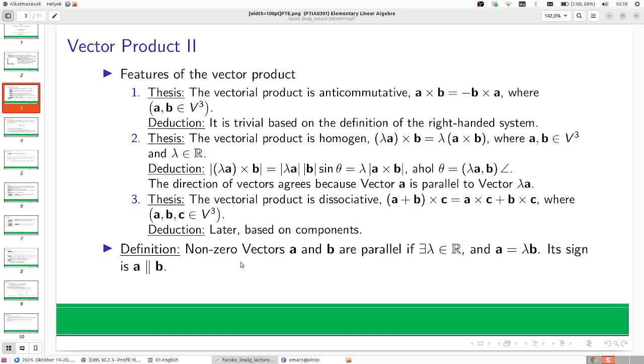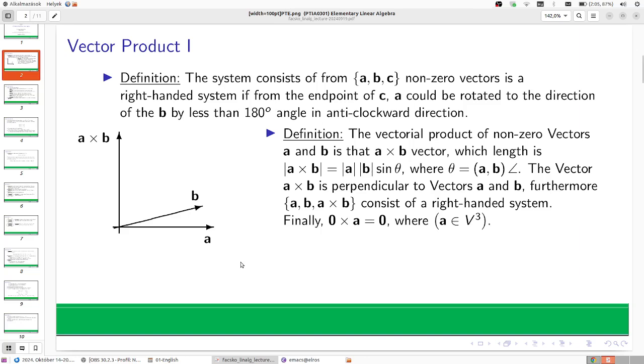It was vector addition, scalar product of vectors. Here it is not commutative. It's anti-commutative. If you go back and see this, you have an A and then a B, you have A cross B. But if you have B cross A, then the direction is the opposite. It's also, okay, you can prove this.